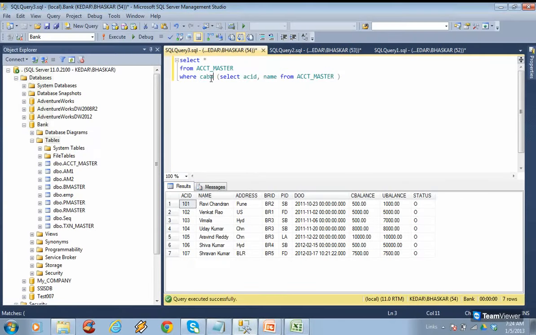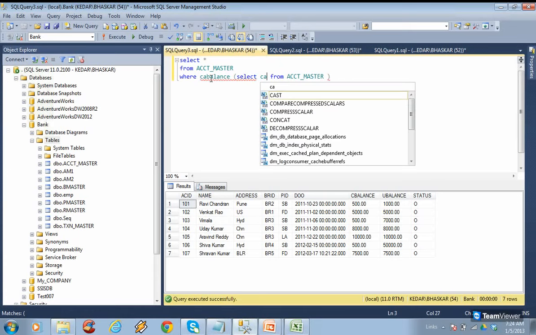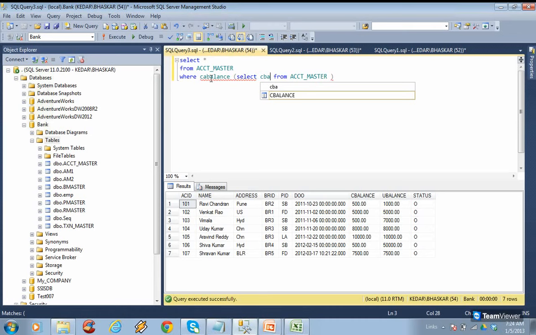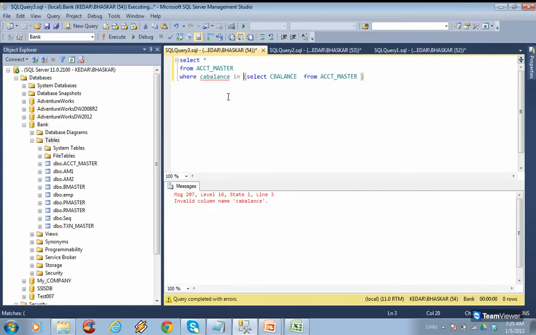So if I have a normal subquery, whatever, the IN operator or equals to operator doesn't matter now. I'm having some subquery which is balance. Some subquery I have.